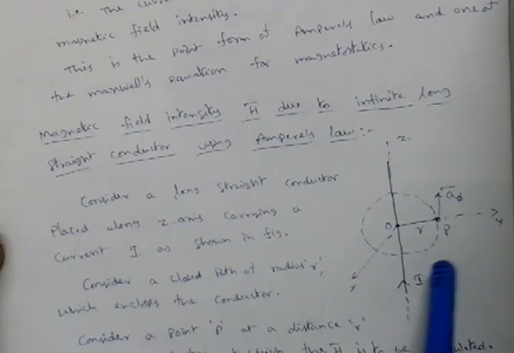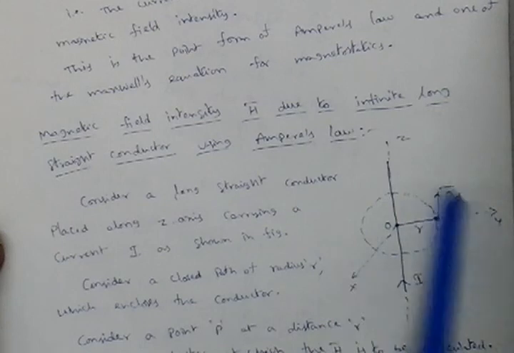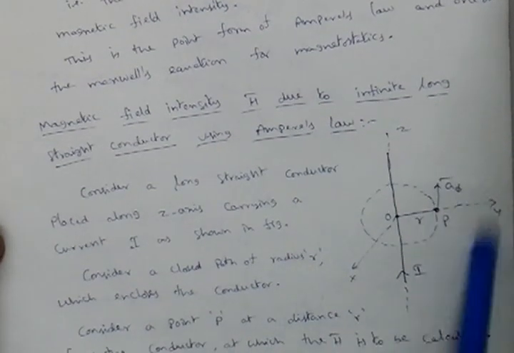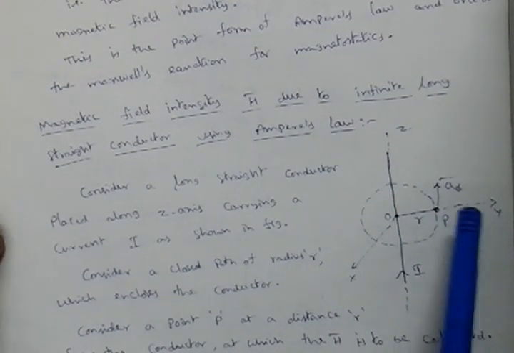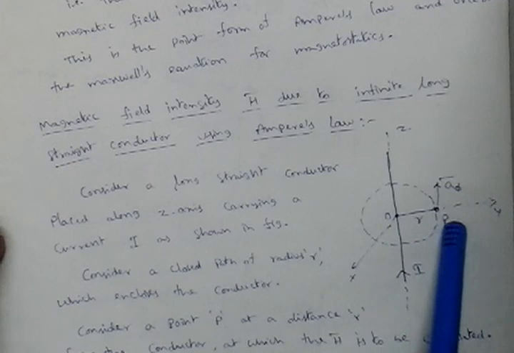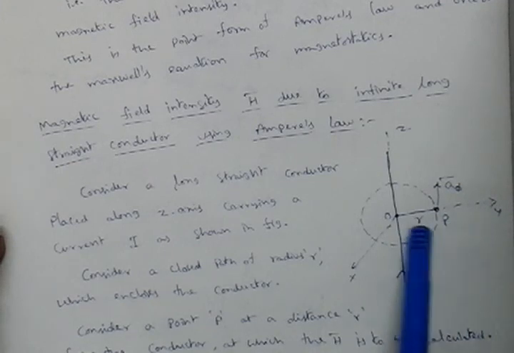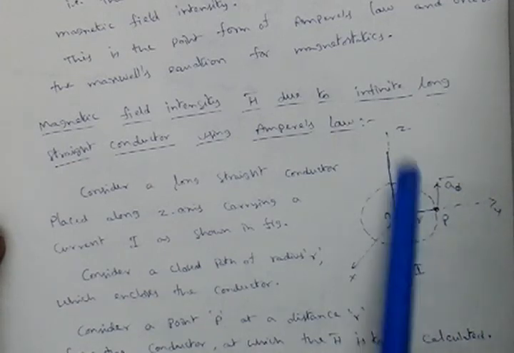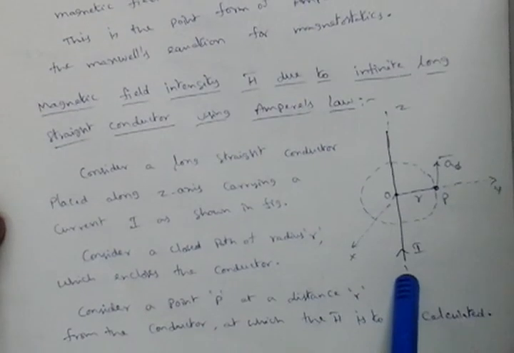When the current I flows through the conductor, there will be a magnetic field surrounding this conductor. At one particular point, if you want to determine how much field is present, consider the point P, at a radial distance r from the conductor.